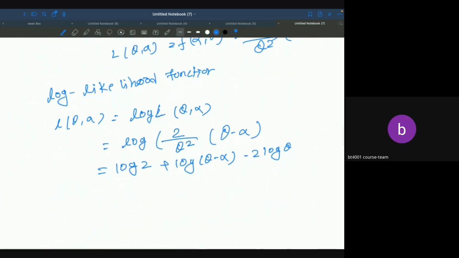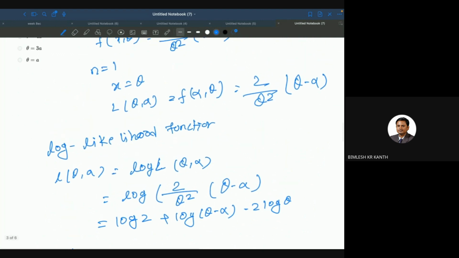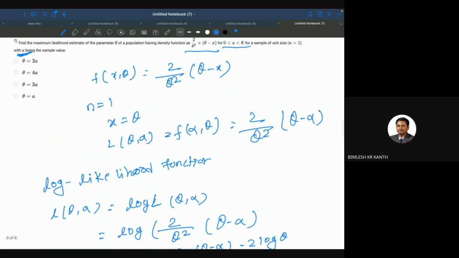Yeah, so let's solve. Please scroll up a little, a little more. So f(x, theta) is given like 2 by theta square times theta minus x.